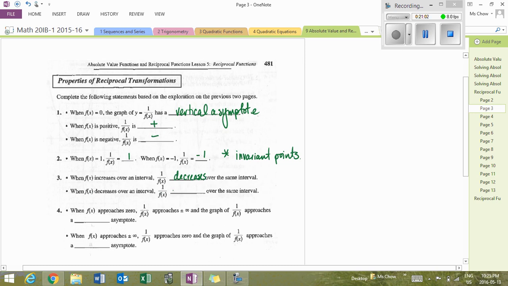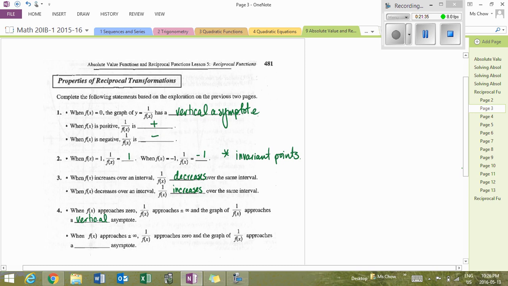As the denominator gets smaller and smaller, then your reciprocal function 1 over f of x will of course increase over the same interval. When the value of your function approaches 0, then the reciprocal function approaches positive and negative infinity, and the graph of 1 over f of x approaches a vertical asymptote.